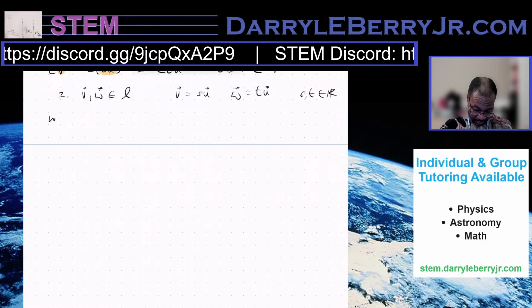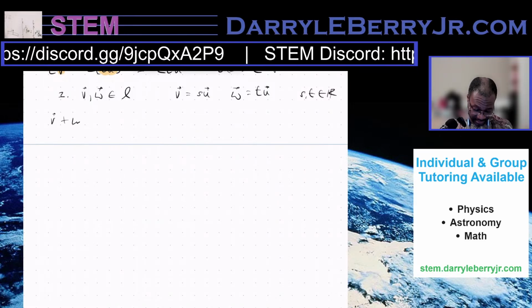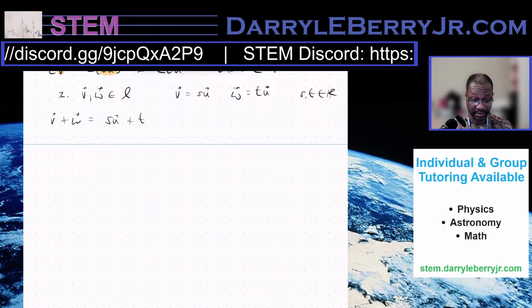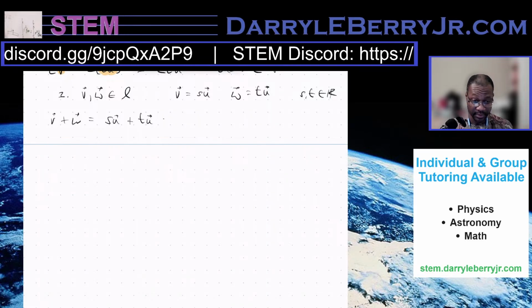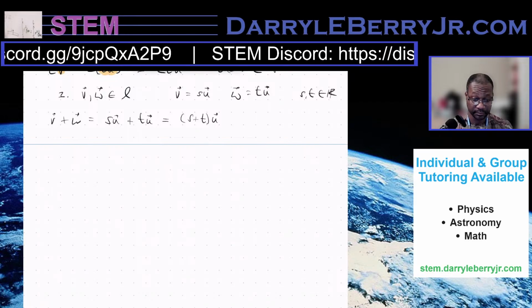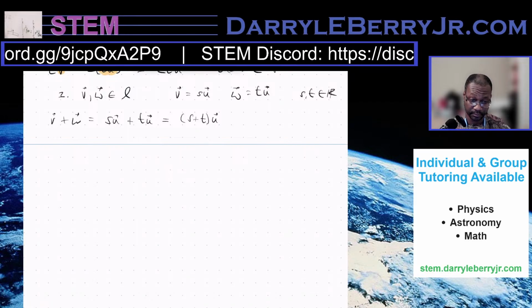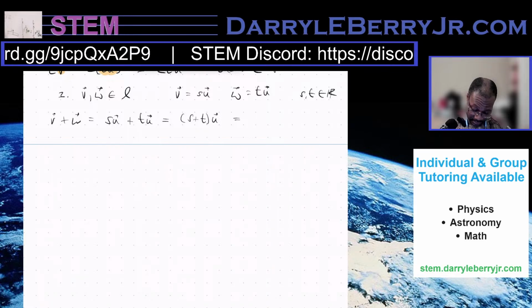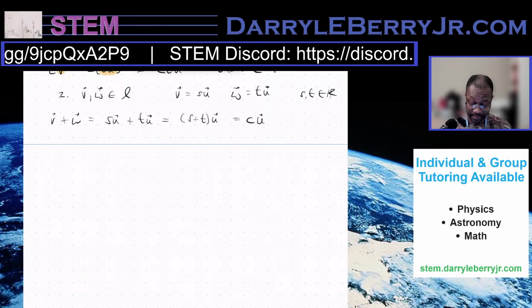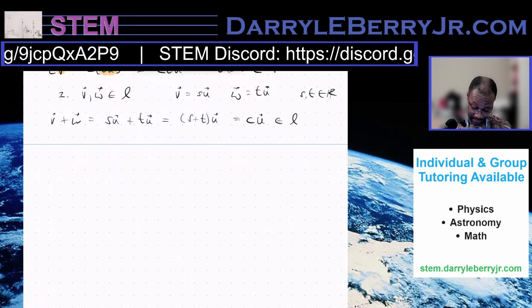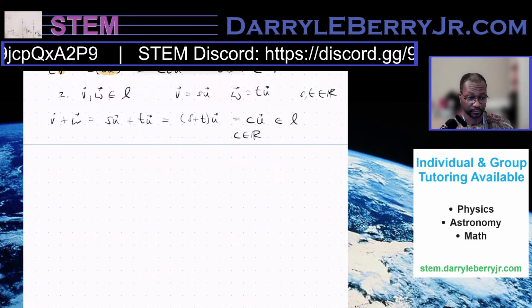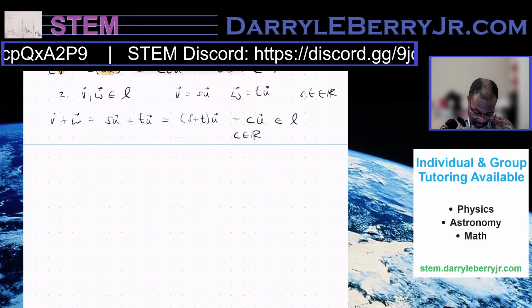So V plus W equals SU plus TU equals (S plus T)U, which is a scalar multiple of U, which you already know is in the line. And C is a real number, right?